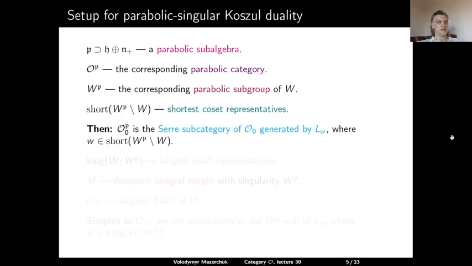Then we know that the principal block O0^p is the Serre subcategory of O0 generated by all simples indexed by such shortest coset representatives.